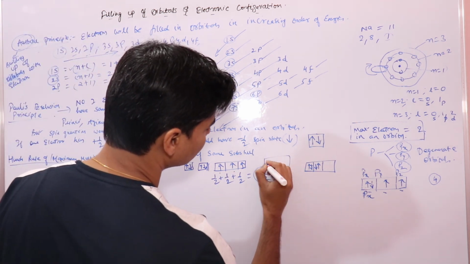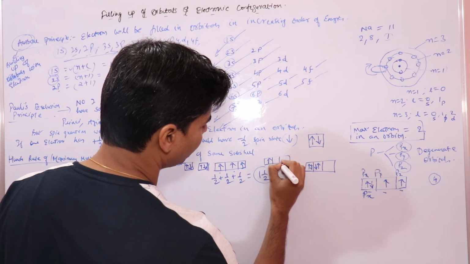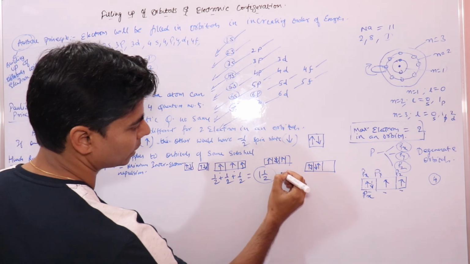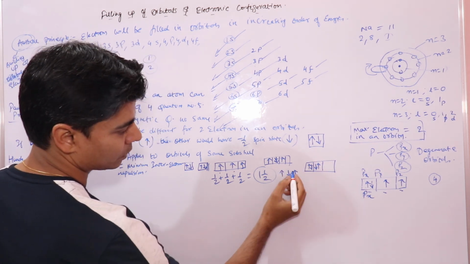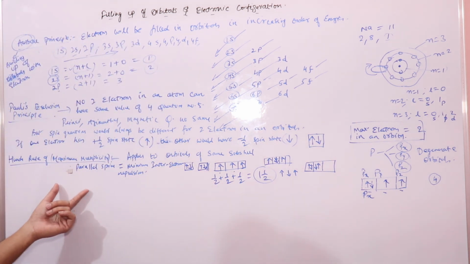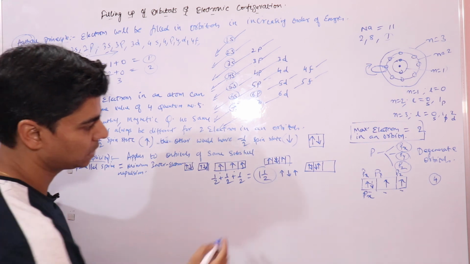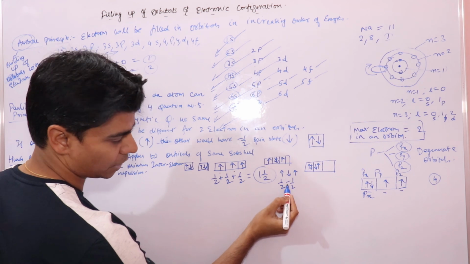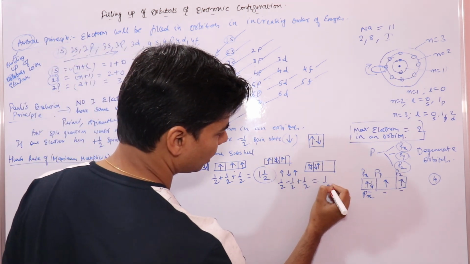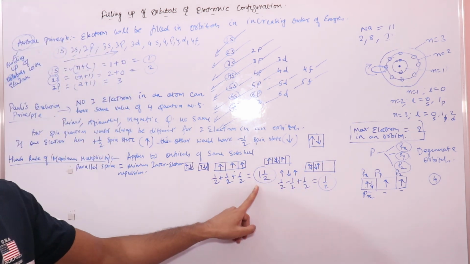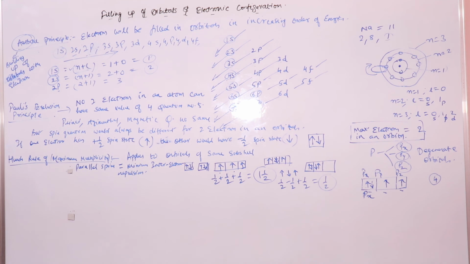Now if instead of this, I do it like this, if I take one with a down arrow, then what would be the spin? Will I have maximum multiplicity? Will I have maximum spin? For the down arrow we have minus half, so it would be half. The spin in this case is less than in the previous case. So we need to have maximum spin.